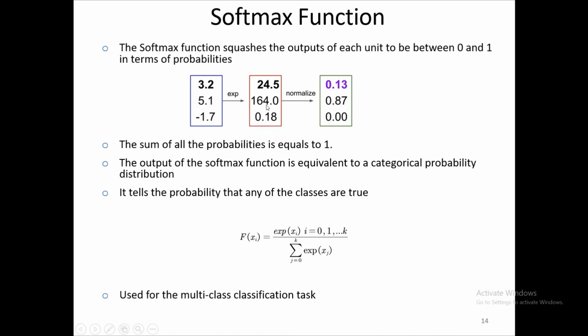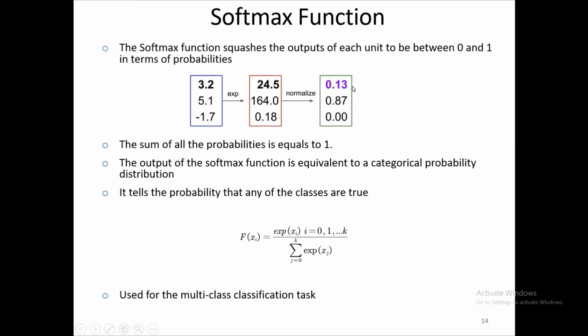After this we normalize all these values, and it gives a probability distribution, and the sum of all probabilities will be equal to 1. The output of the softmax function is equivalent to the categorical probability distribution, and it tells the probability that any class is true.